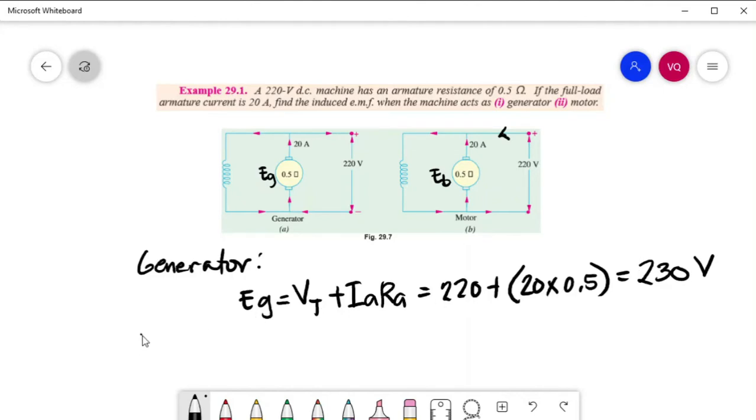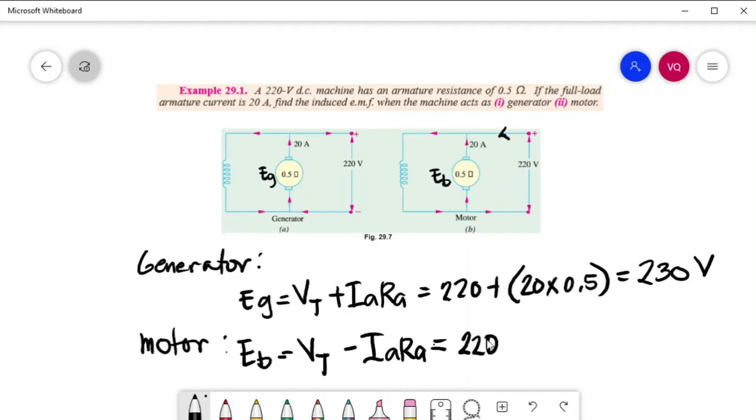While in the motor, EB is equal to the terminal voltage minus the drop. So 220 minus 20 times 0.5. So EB is equal to 210 volts.